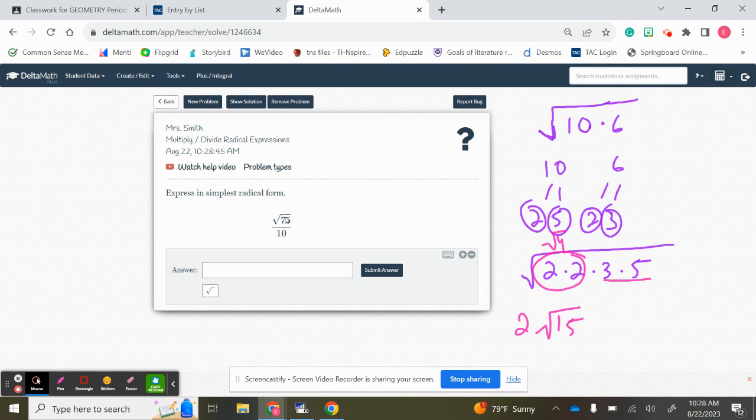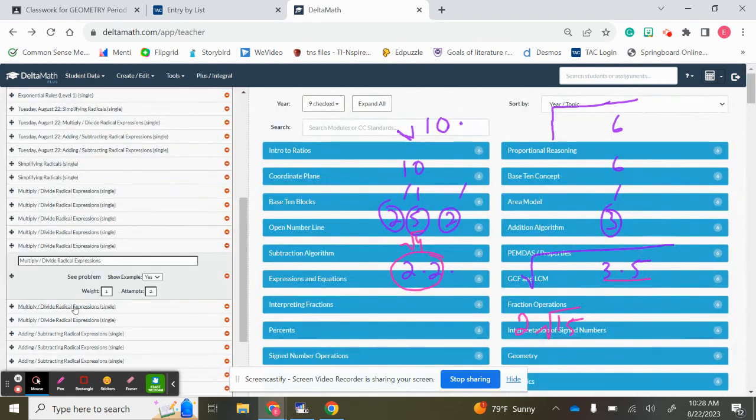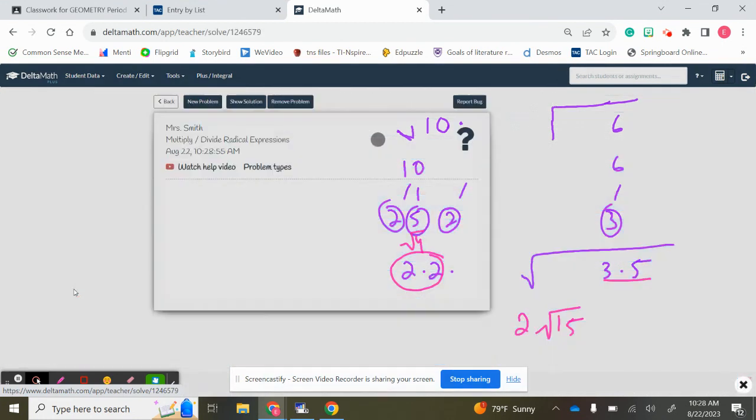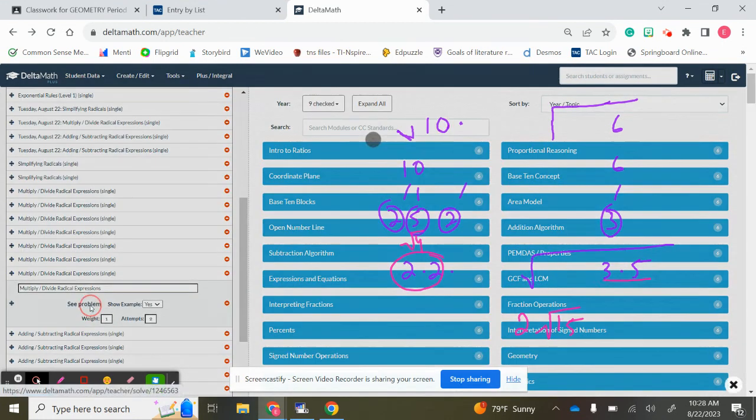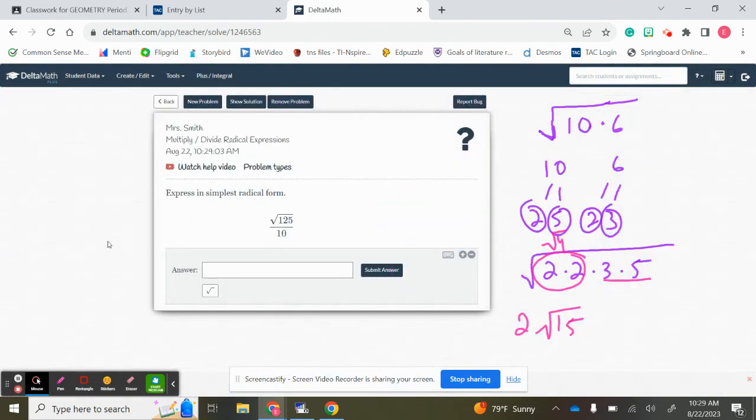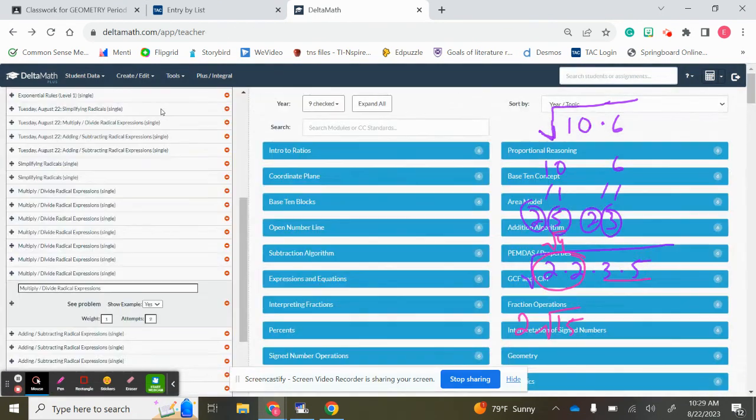Same thing, reduce this first and then simplify. So nothing too different there. Maybe I'll add one more just to be safe. Right now, just work on the multiplication. We'll work on the division one in a second.